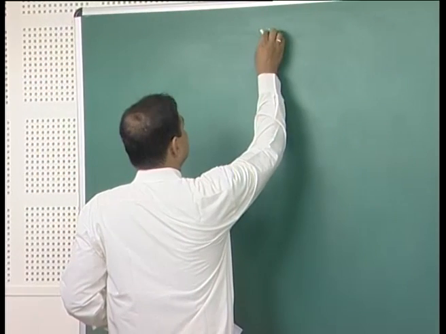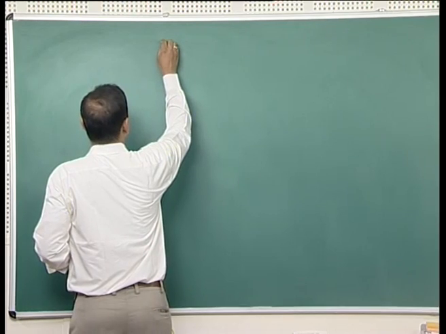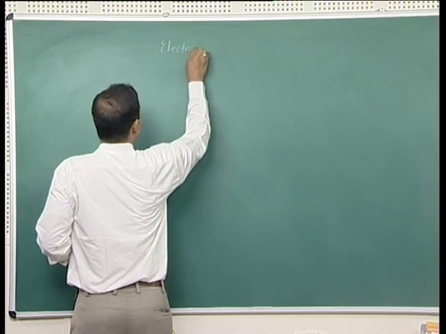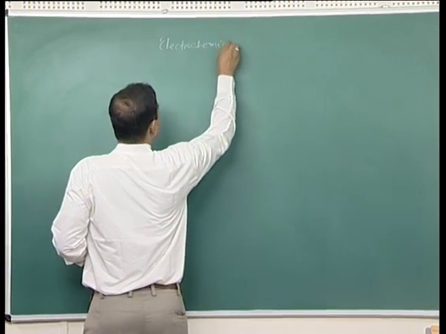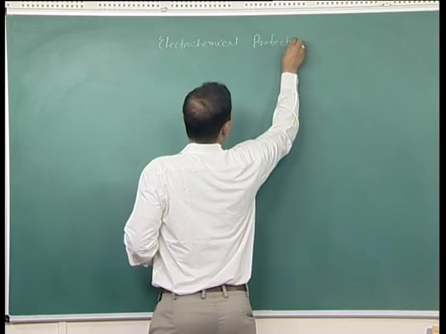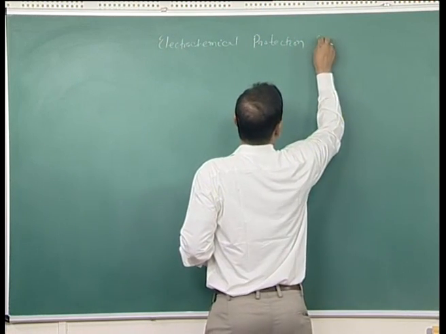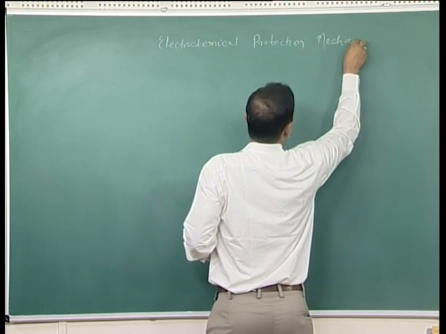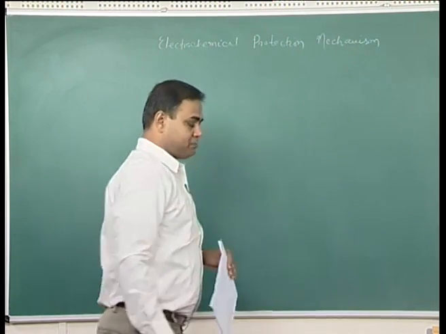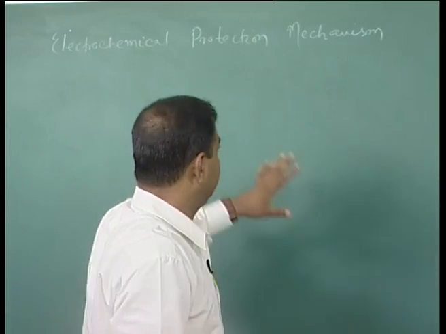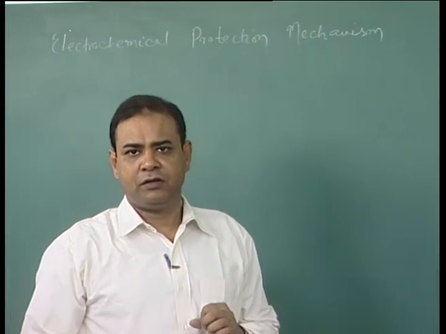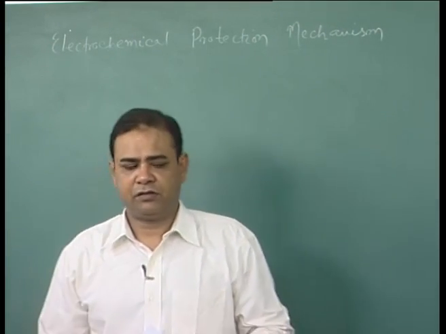So, today we will start electrochemical protection mechanism, and two things are coming under this subject. One is cathodic protection, the another one is anodic protection.